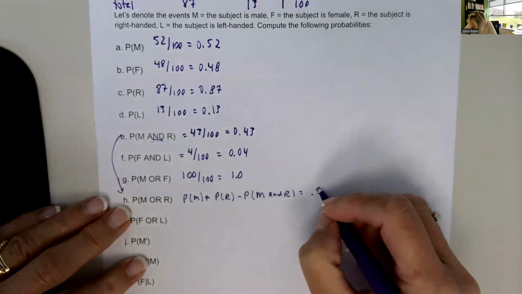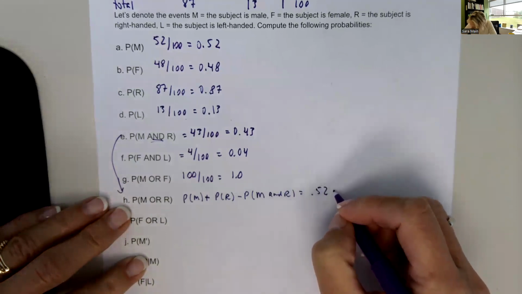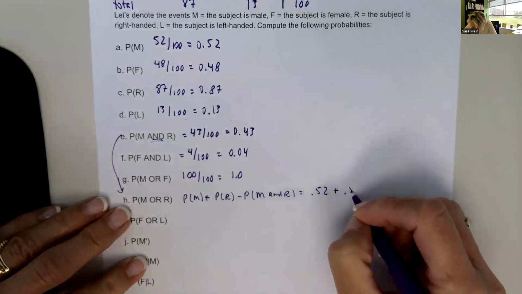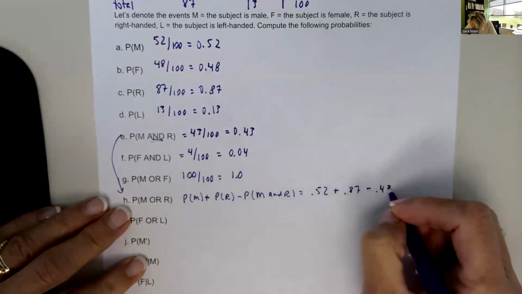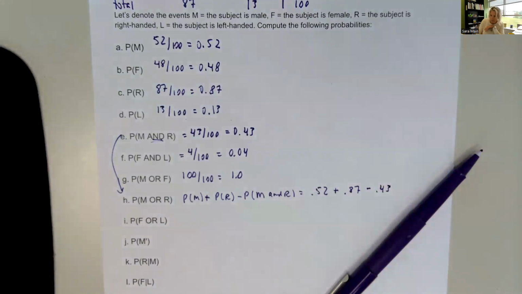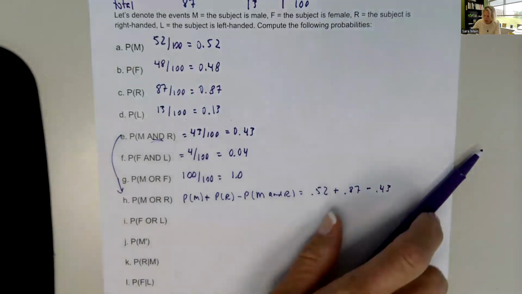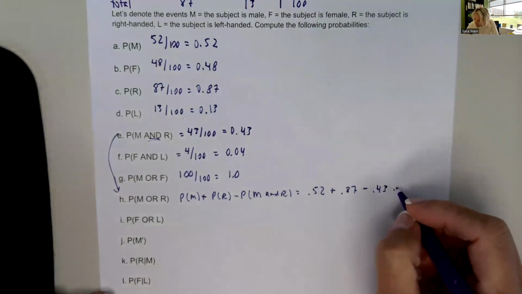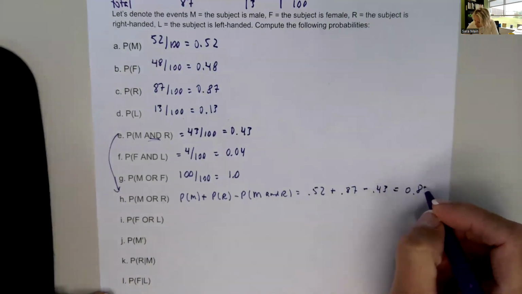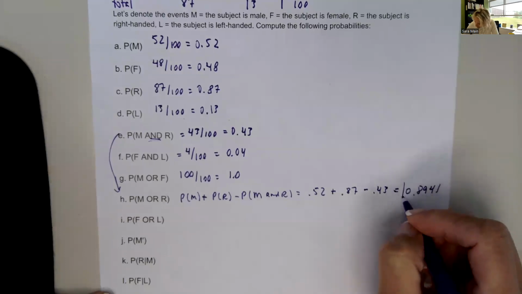That would be 0.52 plus 0.87, subtracting 0.43. And that comes out to be 0.96.